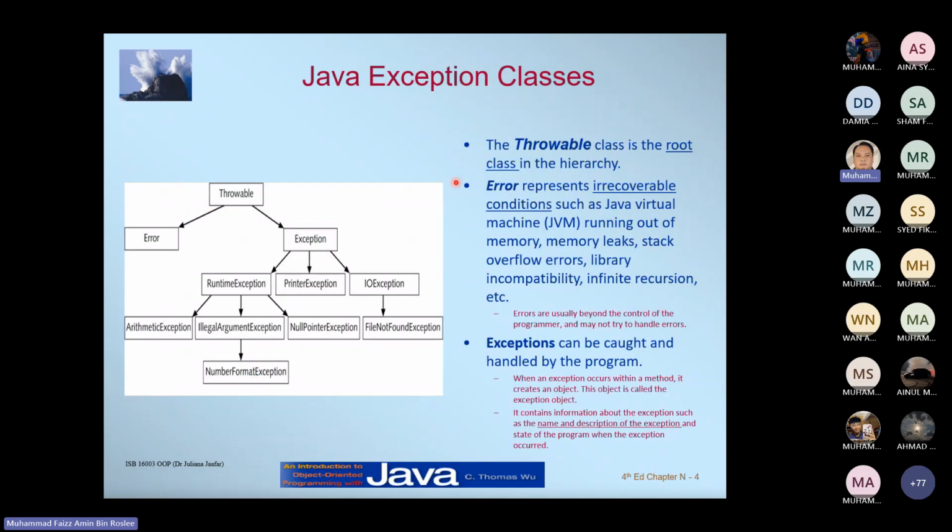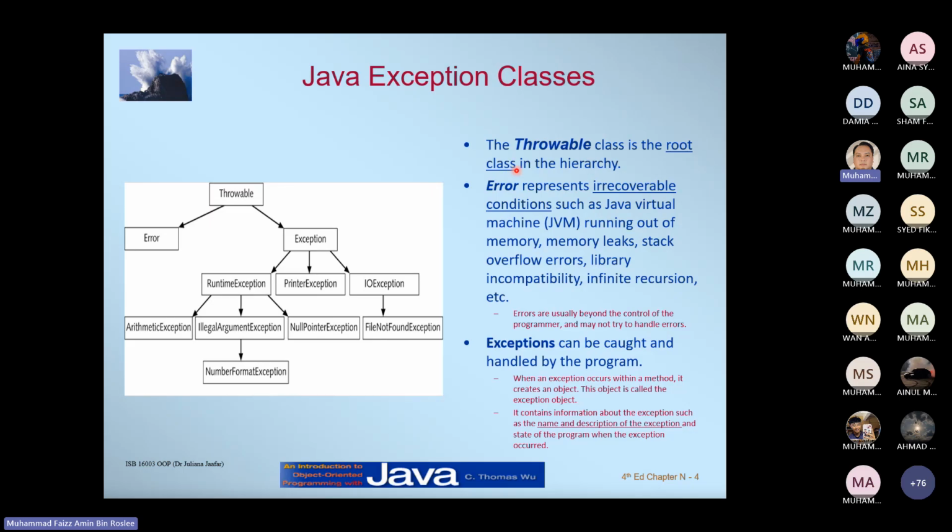Let's see. In Java, there are exception classes, and there's a bunch of classes in the exception library. The Throwable class is the root class in the hierarchy. Usually when you want to call an exception, you will call the Throwable keyword.